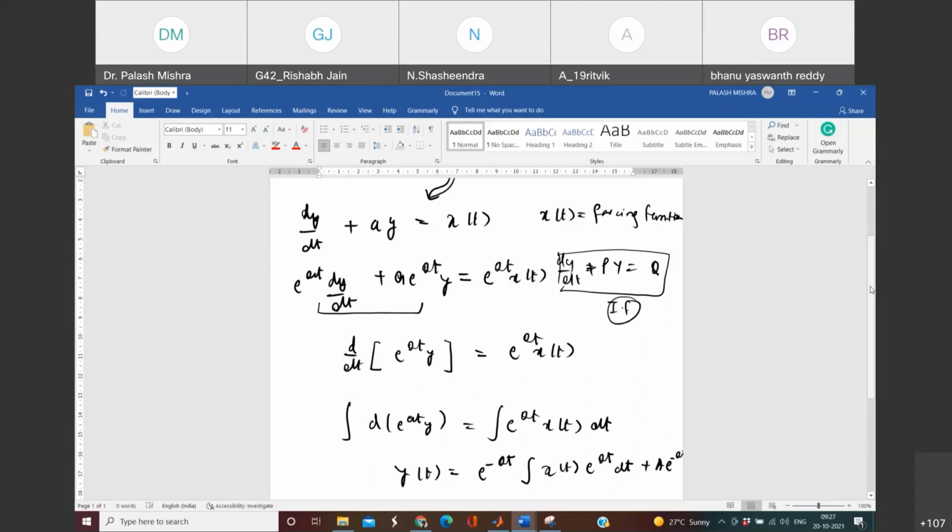You can solve this. You have to apply the integration by parts formula: first function times the integral of the second function, minus the integral of the differential of the first function multiplied by the integral of the second function. So this formula you have to apply in this equation, and then finally you will get y(t) as this one. Okay.